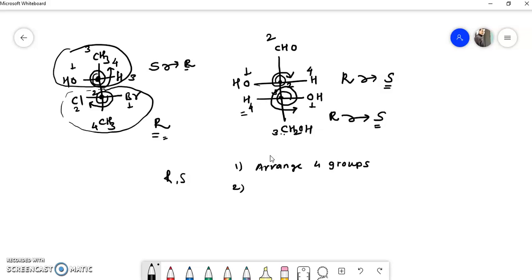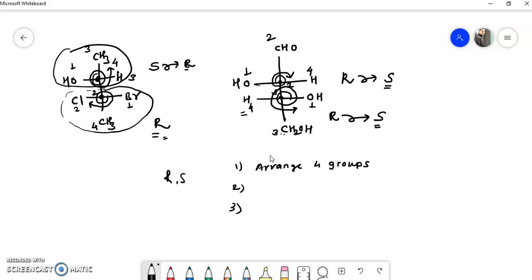If again there are isotopes, then you have to consider the atomic mass. And again, if there is a double bond or a multiple bond like a triple bond, then you have to consider those atoms in that way. If a double bond is there, then you have to consider that atom twice. If a triple bond is there, then you have to consider that atom thrice, like this.